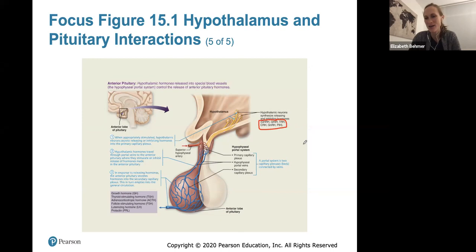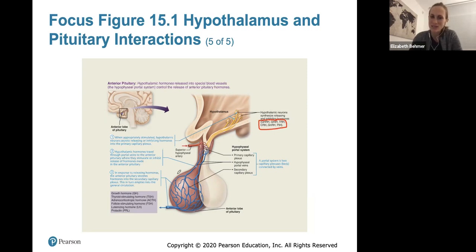So if you see an RH or an IH, it's coming from the hypothalamus to act on the anterior pituitary gland. These hormones will travel through the bloodstream. So the neurons will control when they're released, but the hormones themselves will travel through the bloodstream. So there's no neural connection. It's through the bloodstream, and they travel through that hypophyseal portal system.